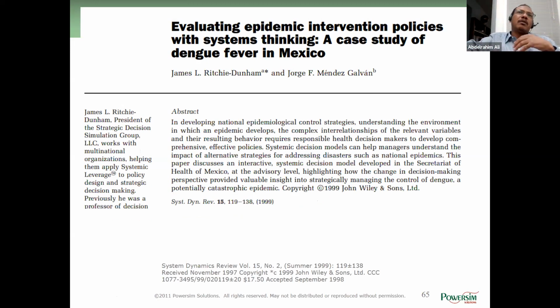You need to select how much to put in education, how much in indoor spray, how much in outdoor spray, and how much in mobilization. So they put together a combination of these interventions and simulate it. Based on these simulations, they select the best combination of strategies and then implement it, with cost-effectiveness models and everything. So these variables are very interesting.